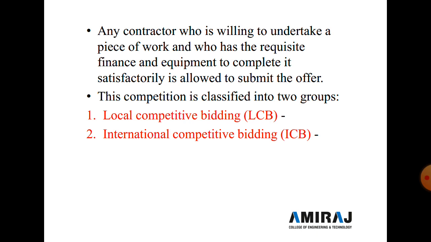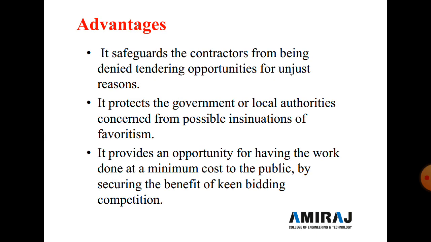And ICB means international competitive bidding. So when it is open to all contractors including international firms, so international companies can also fill up this tender, it is called ICB. So LCB is local and ICB is international competitive bidding.